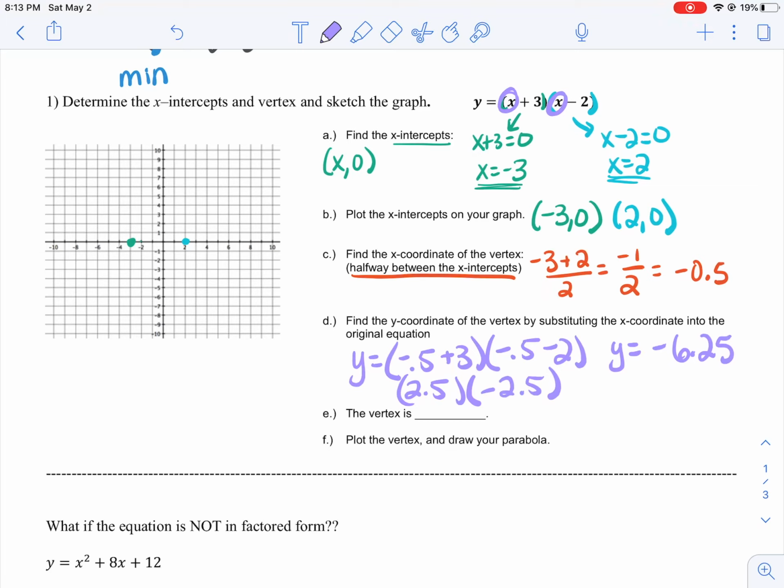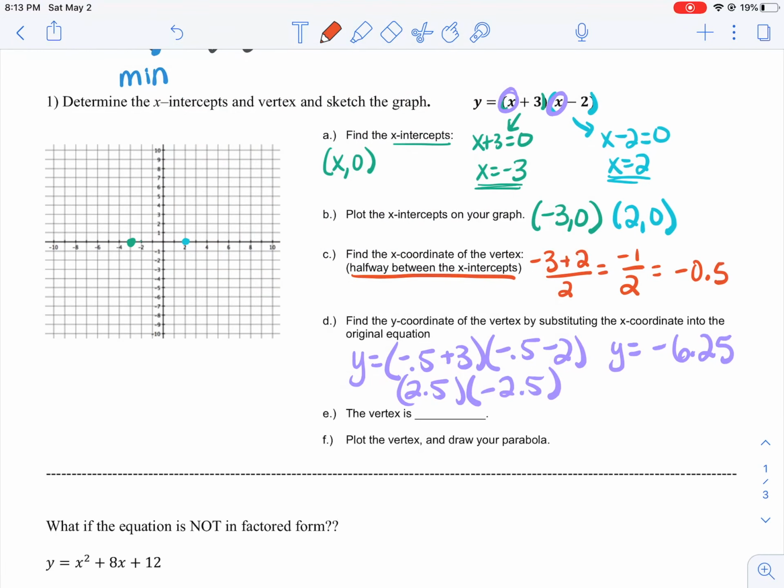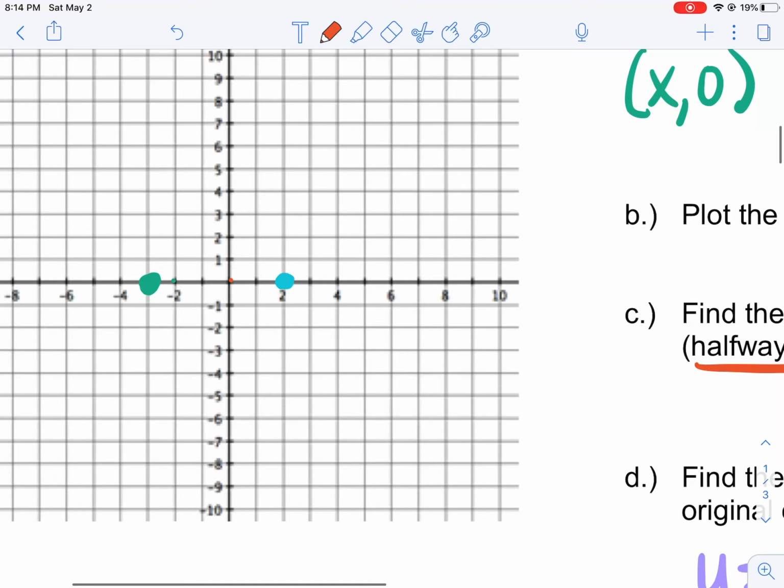So that's my vertex. My vertex is, the x is -0.5 and the y is -6.25. Okay, so -0.5 is between 0 and -1, so -0.5 is here.